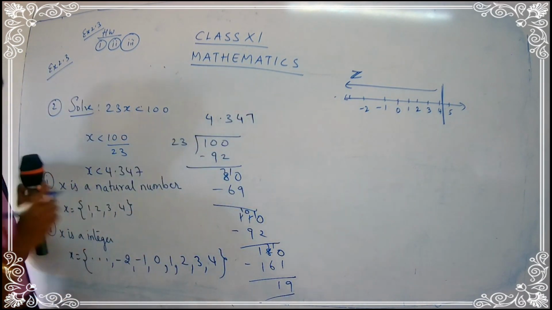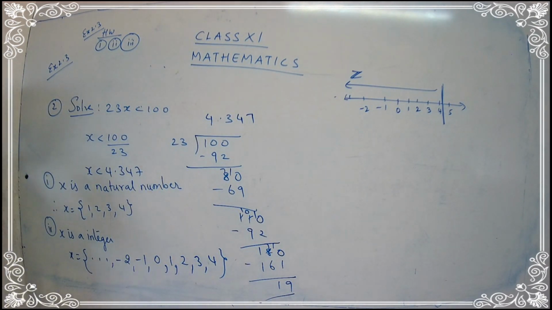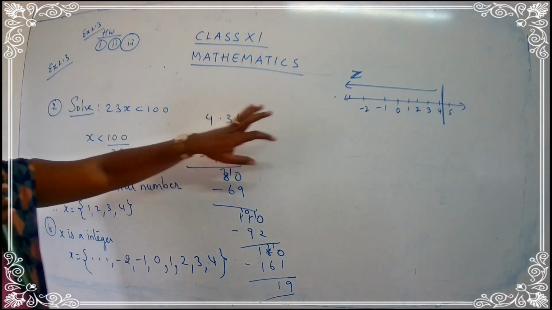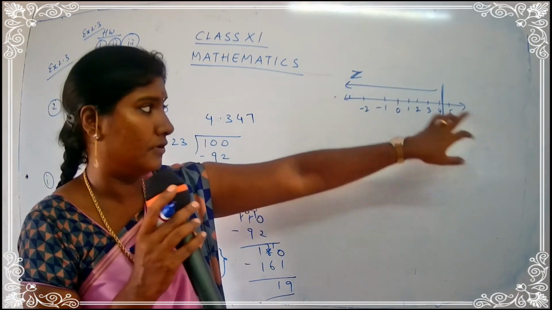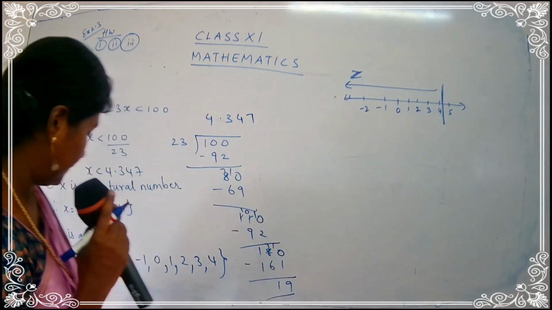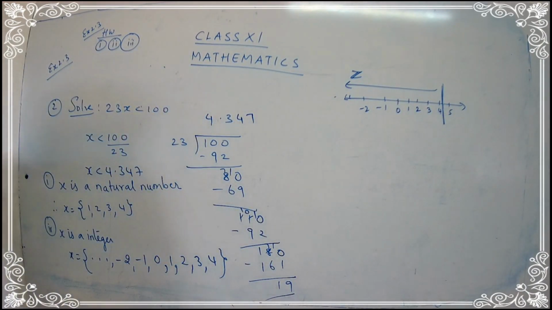Do not go for 5 because the line is not crossing 4. This line is not crossing 5. We are just very close to 4. It's not completely crossing this full part. So x is equal to dot, dot, dot, -2, -1, 0, 1, 2, 3, 4.